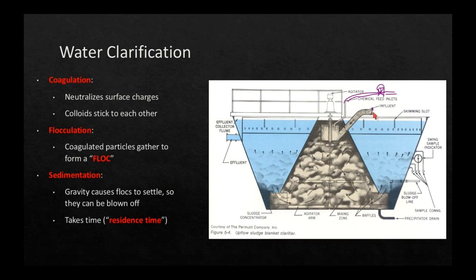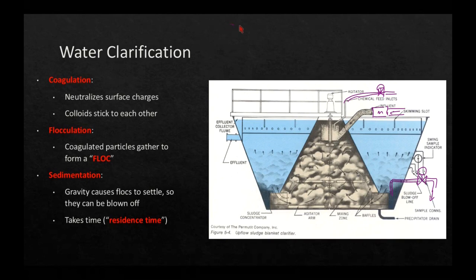And on the influent side, we're going to have a meter. And on the sludge blow-off line, we're also going to have a control valve to give us an automatic blow-off of sludge.